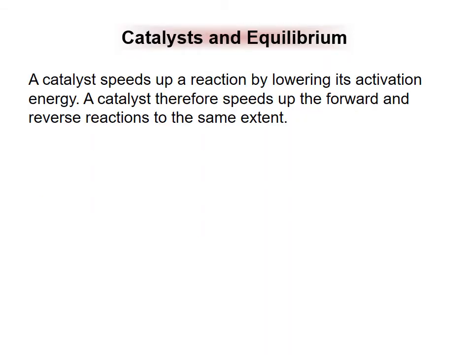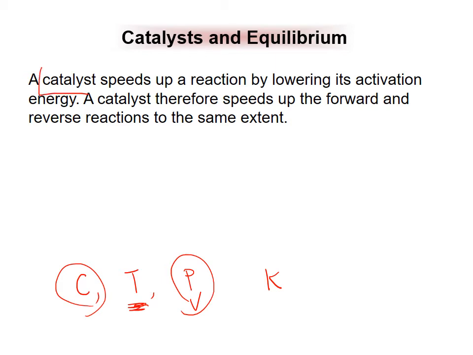We have studied the factors that affect equilibrium composition. These are concentration, temperature, and pressure or volume. We showed that the equilibrium constant is not affected by concentration change or pressure change. It is affected by temperature. Now there's another factor in a reaction, and that is a catalyst.